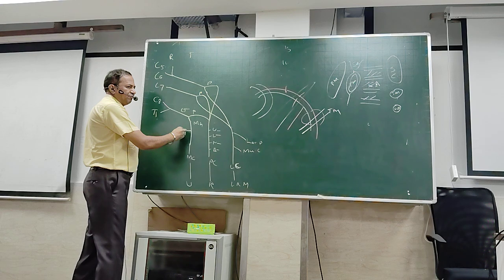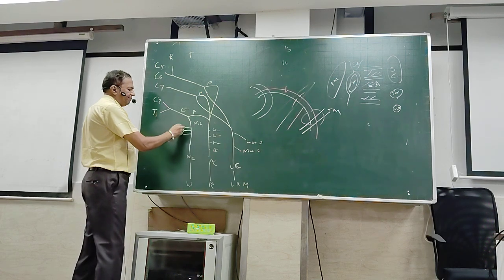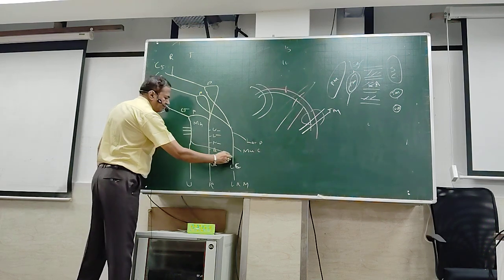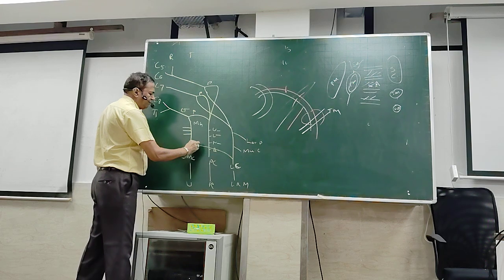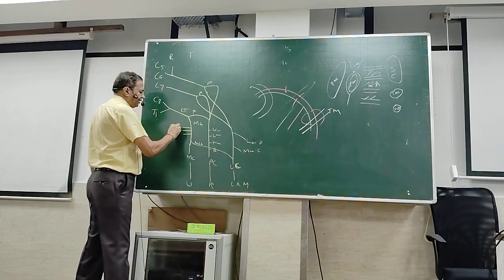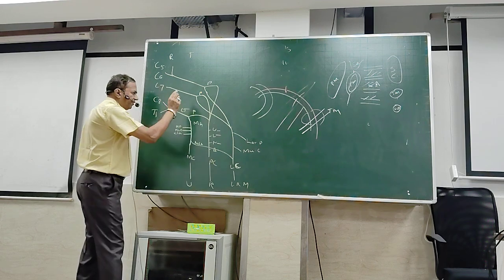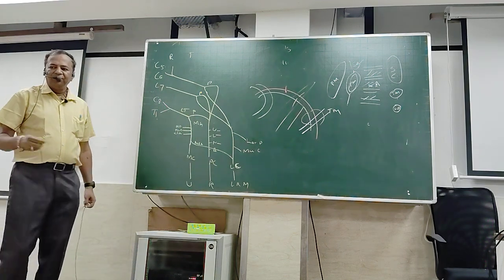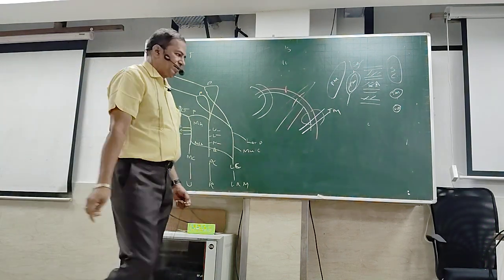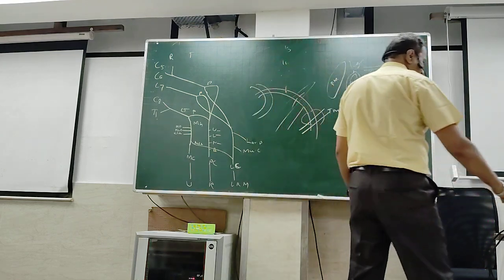M4: medial pectoral, medial root of median, medial cutaneous nerve of arm, medial cutaneous nerve of forearm. So that is how the brachial plexus is formed.